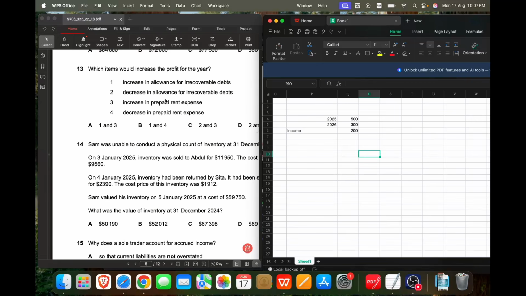So for this first one, a decrease in allowance for irrecoverable debt will increase my profit. It is decreasing from 500 to 300, so this would be considered as my income. So if income increases, profit increases.